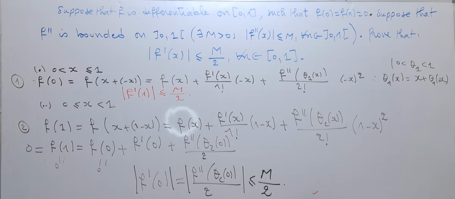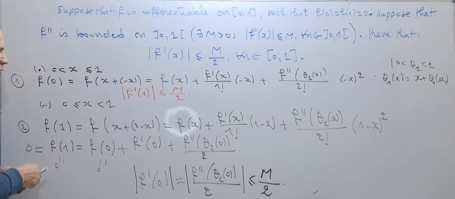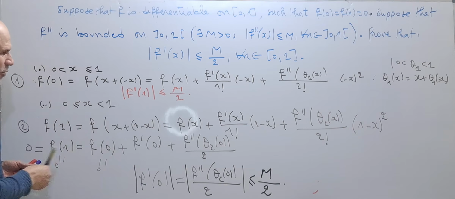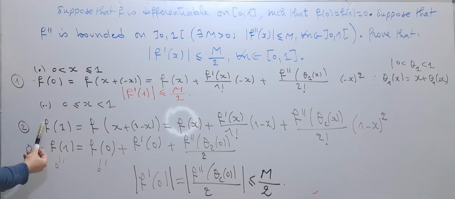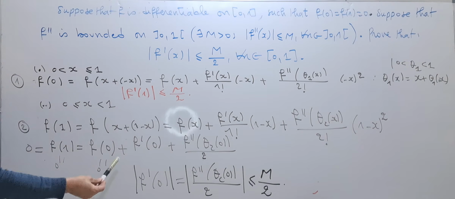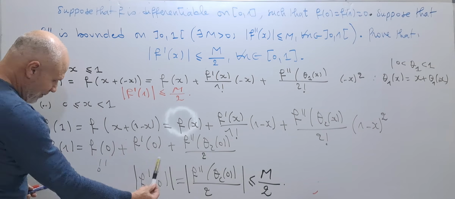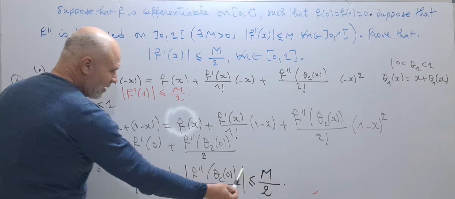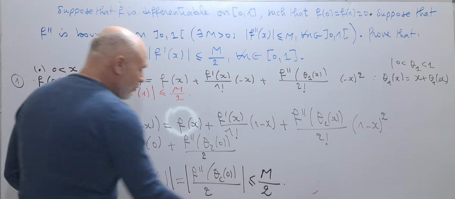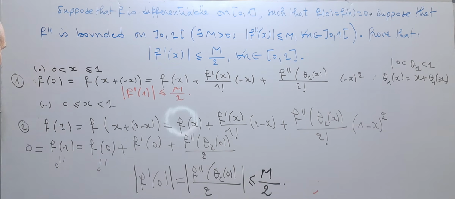So from the first equation, we proved that the absolute value of f prime of 1 is less than or equal to M over 2. And from the second equation, we proved that the absolute value of f prime at 0 is less than or equal to M over 2.